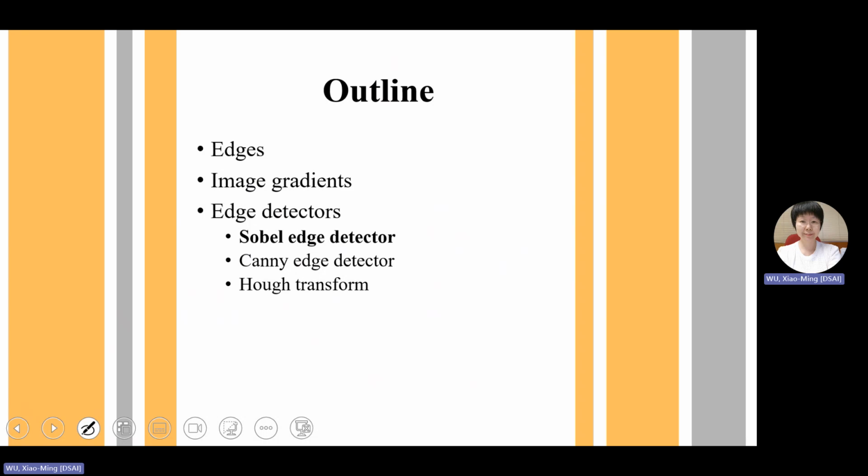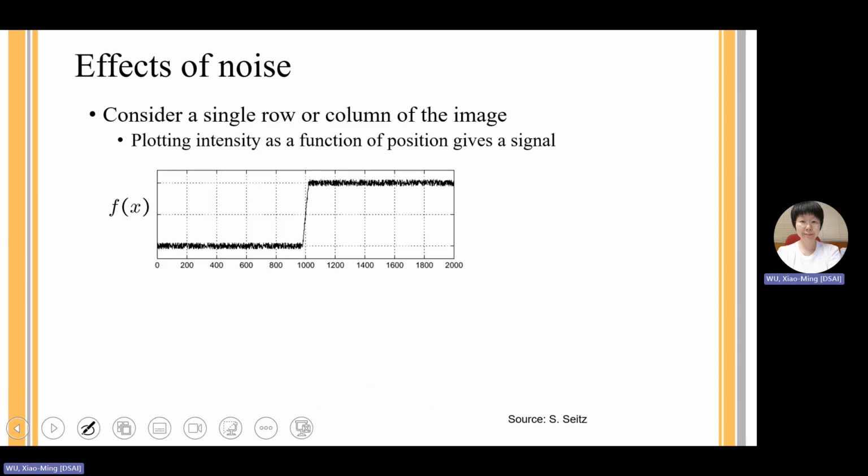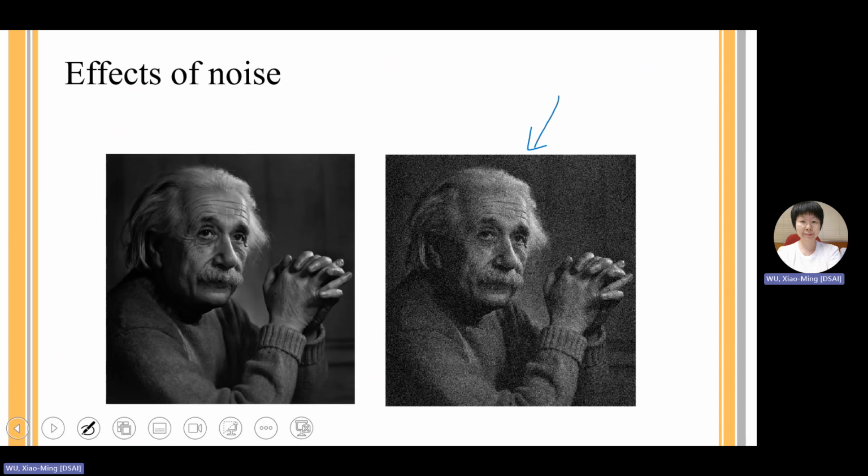If edge detection is just that simple, we are done. But in reality, it's not so simple because real images often come with noise. Let's consider what happens when there is noise in an image. For example, this is a clean f(x), and this is a noisy f(x) along this blue line.